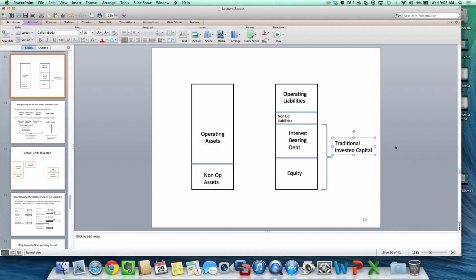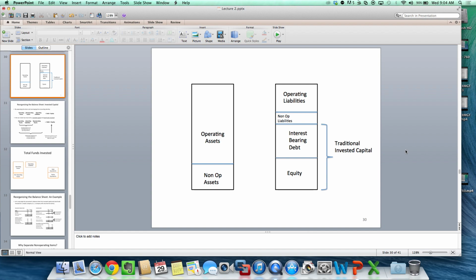So if you learn invested capital in any other class besides this one, or by going to Bloomberg or CapIQ or one of the data services and you look up invested capital, this is the definition that is commonly used. It's all of the debt and all of the equity of the firm.